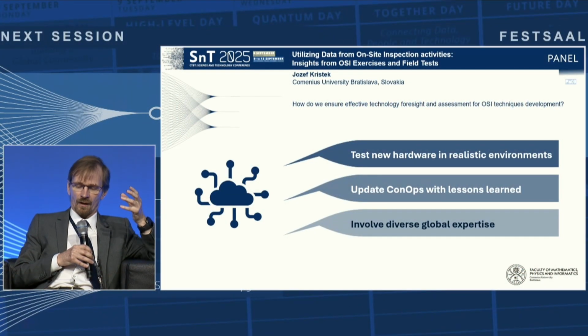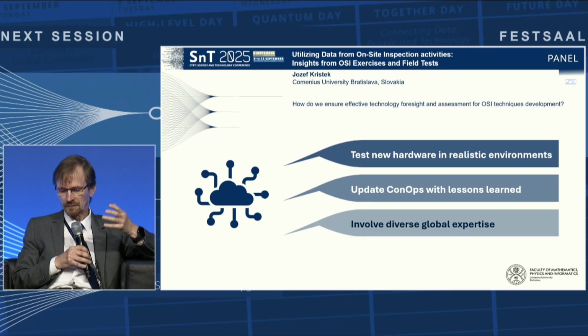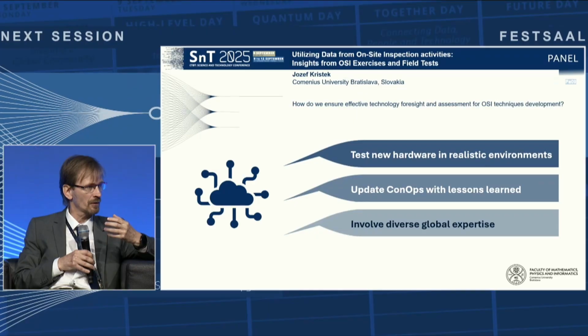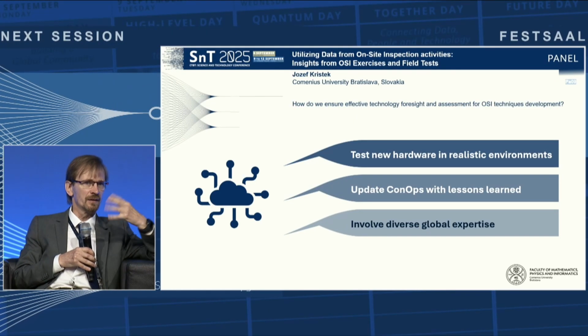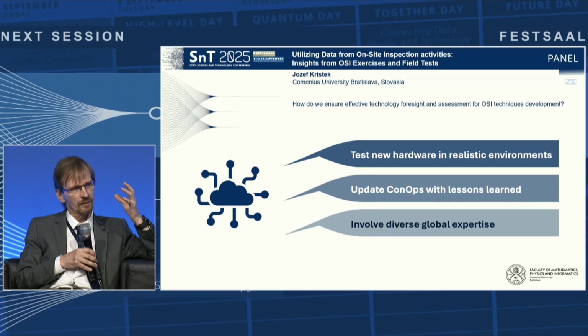Okay. From my perspective, effective foresight requires balance, the balance between operational needs and scientific exploration. And this could be done through 3 main principles. The first is testing new technologies, new hardware, in realistic environments.